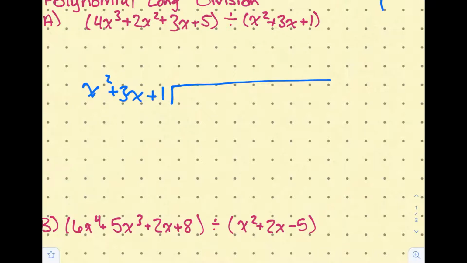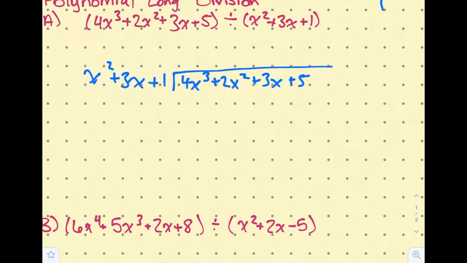I'll put the 4x cubed plus 2x squared plus 3x plus 5 in the same place I put the 277. And then our process is largely the same. I want to see how many times this polynomial goes into 4x cubed, and then subtract it down to find the difference. And just repeat this until we've worked all the way through.